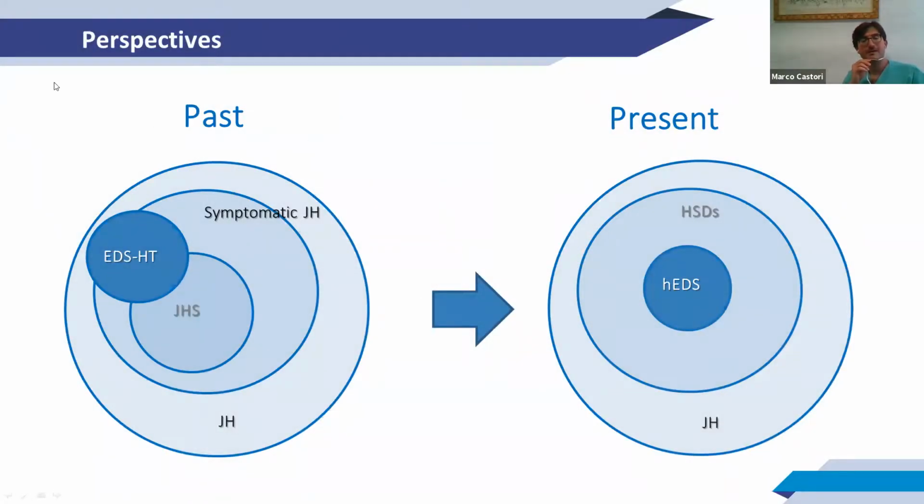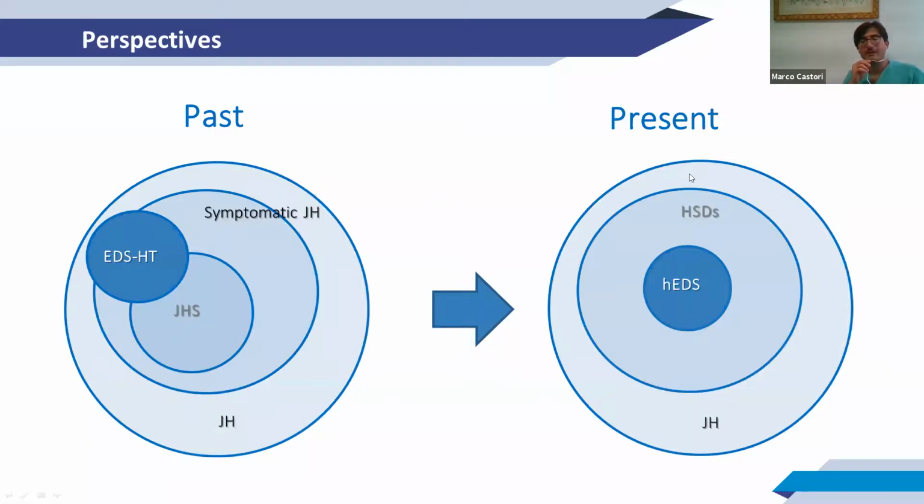This is the past, when we had a set of criteria for hypermobile EDS, a set of criteria for joint hypermobility syndrome, and a group of individuals with symptomatic joint hypermobility but not respecting the hypermobile EDS criteria or the joint hypermobility syndrome criteria.